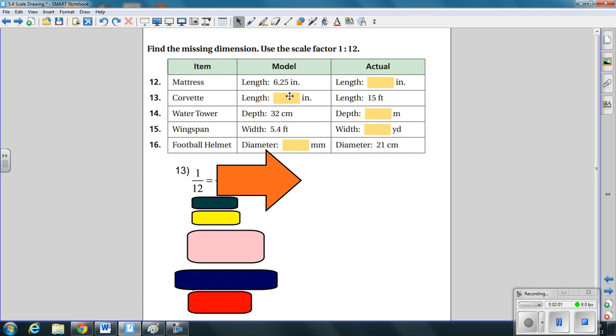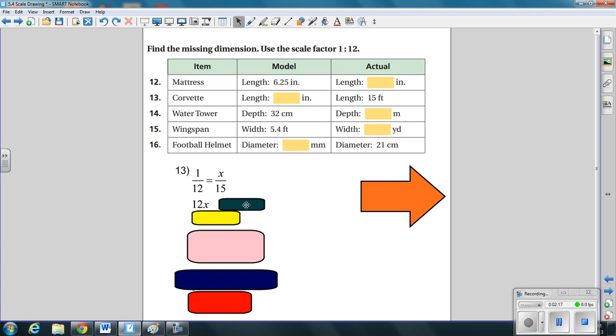We don't know the model, but we know the actual. So that will be x to 15. Okay, so drawing to actual, drawing to actual. Let's use the cross product. 12 times x is 12x, and 15 times 1 is 15. All right, and these are equal.